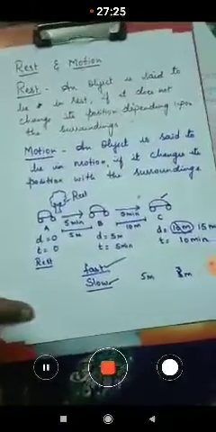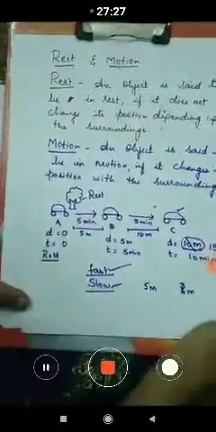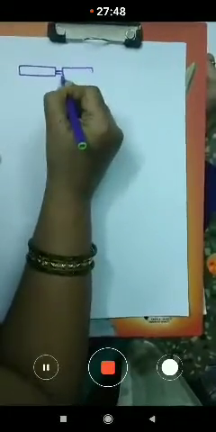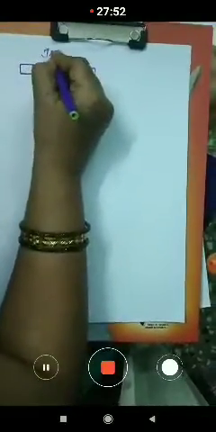Okay, now we'll move on to the next example, children. Now there is a train. You think this is a bogie of a train. This is the example, children.